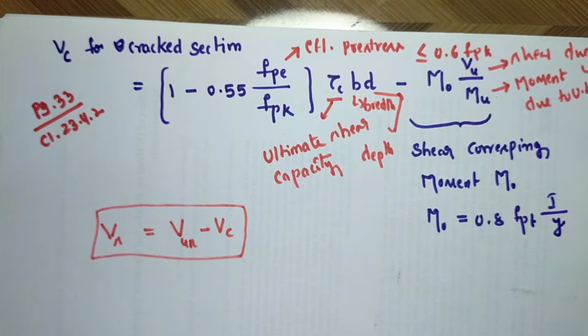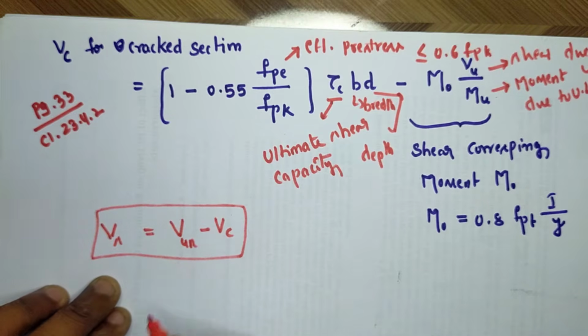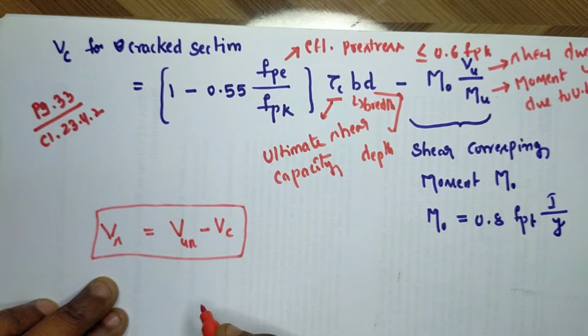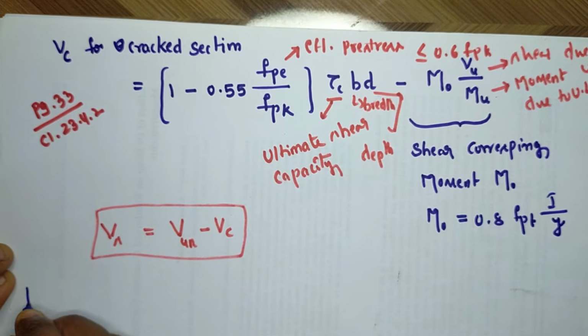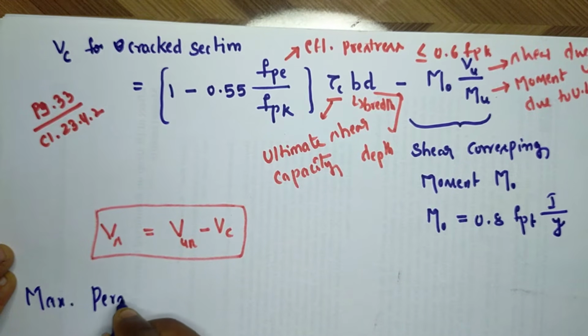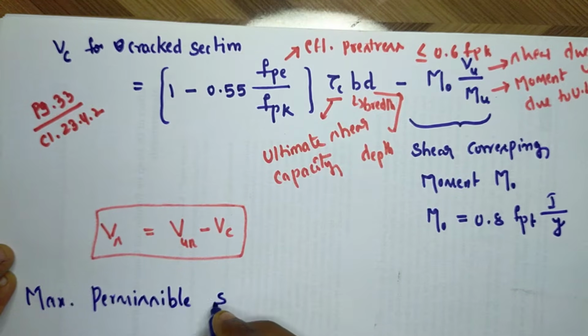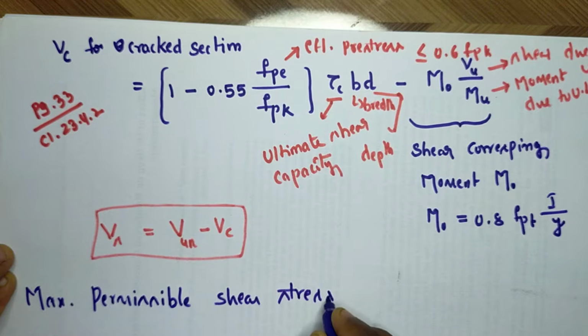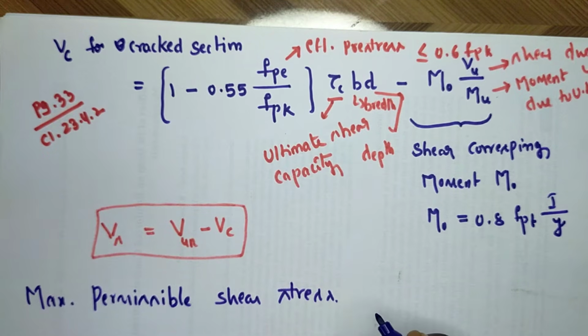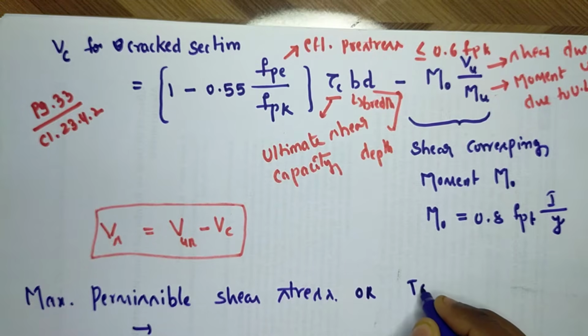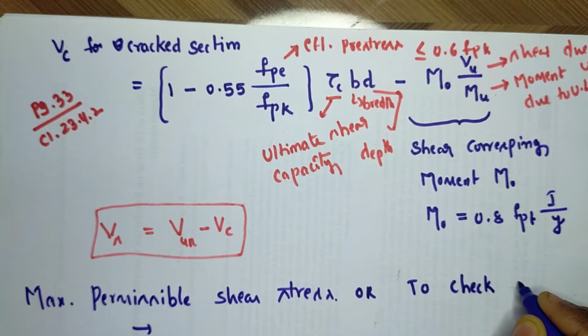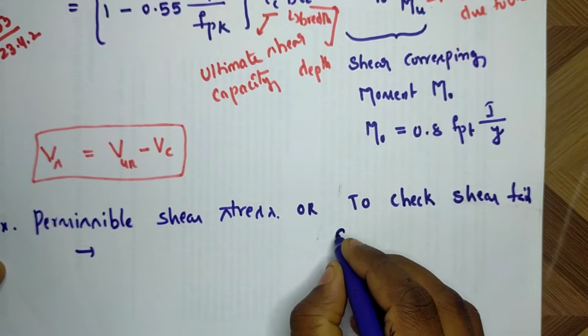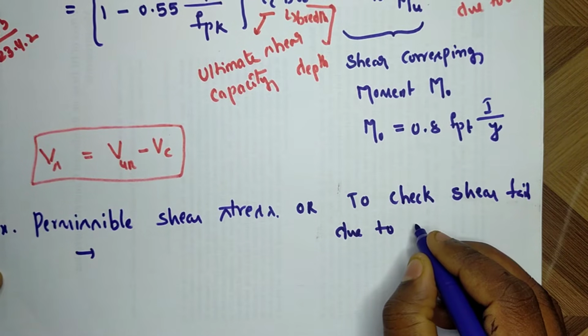Now, what is the maximum permissible shear stress? We determine the maximum permissible shear to check whether shear failure due to crushing of concrete in shear compression occurs or not.